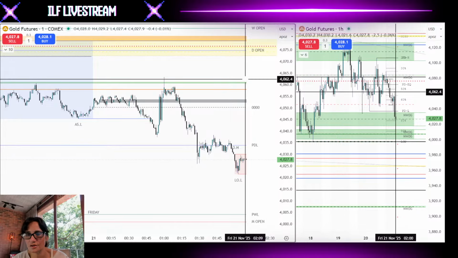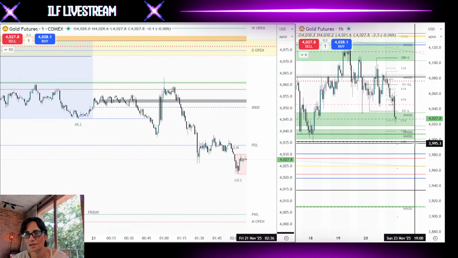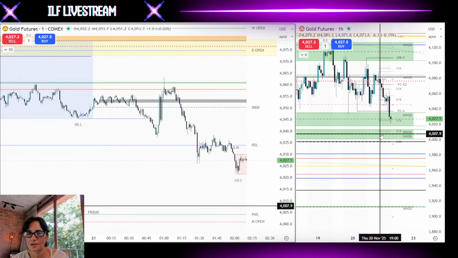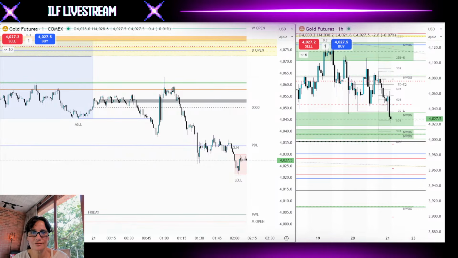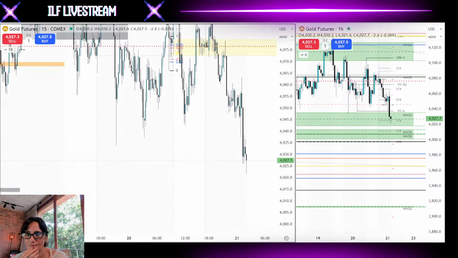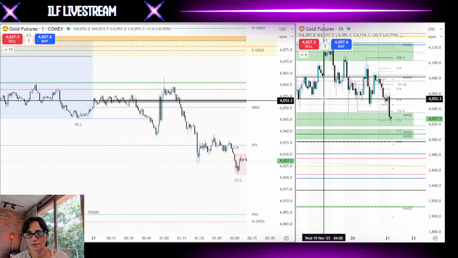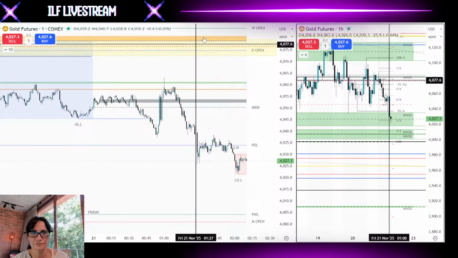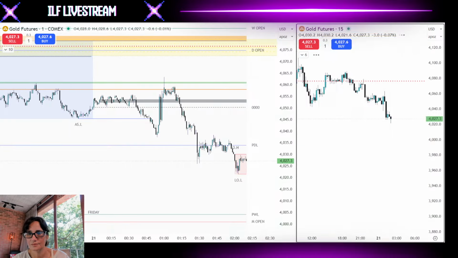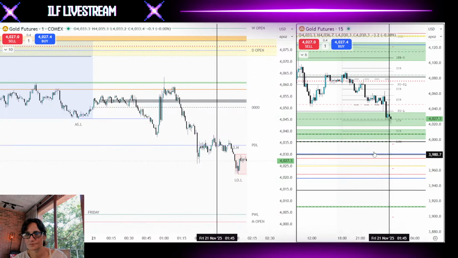Is it going to focus on NQ or on gold? Let me go to a little bit lower time frame. Oh, no, not you. You need to go lower. Here we go.